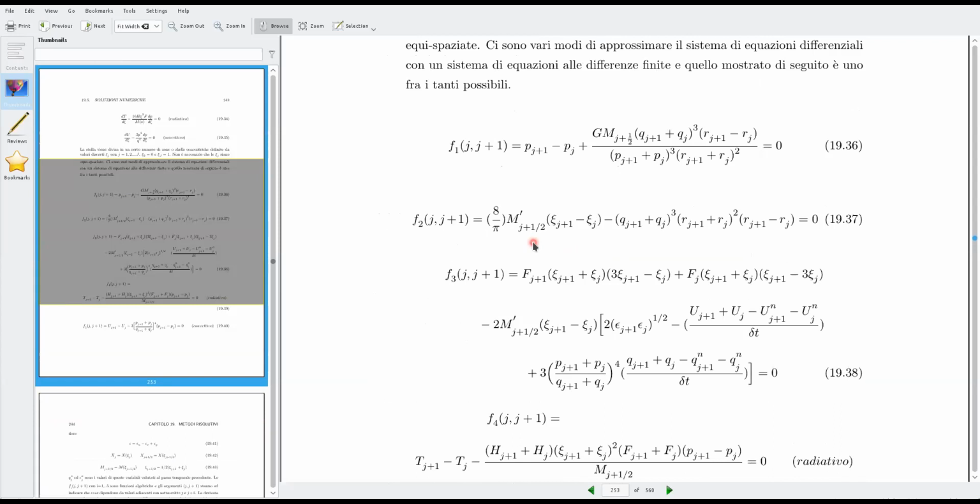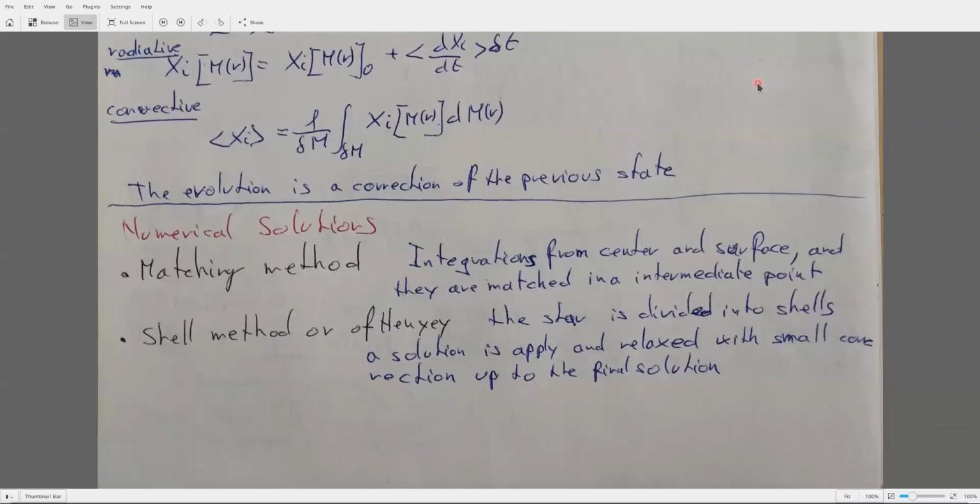The solution has to be continuous among the stars, and the derivative also has to be continuous, because physics asks for this: the physical function has to be continuous, and the derivative has to be continuous. Otherwise there are spikes and it doesn't make sense physically. Okay. This was just to give an idea.